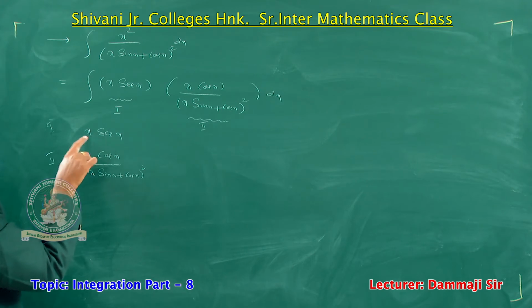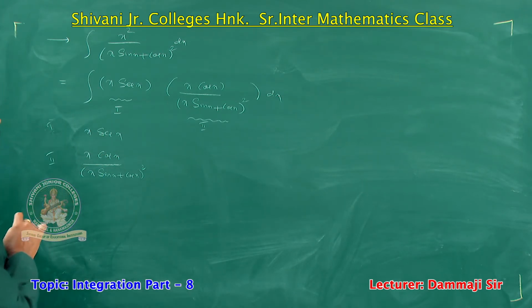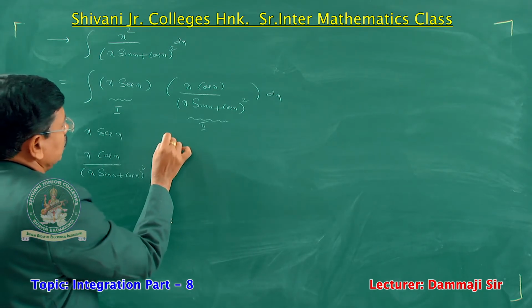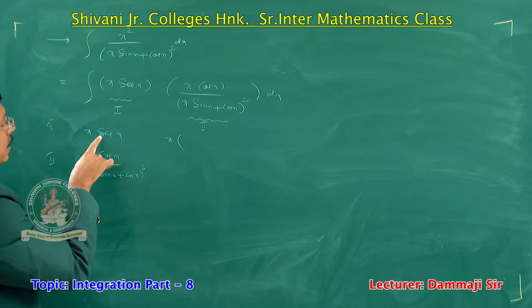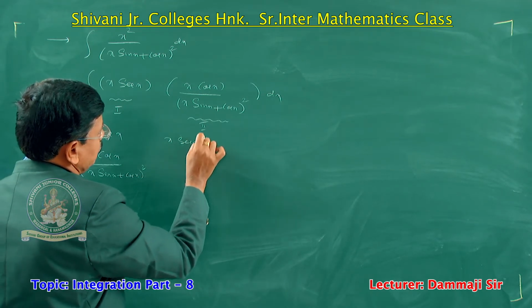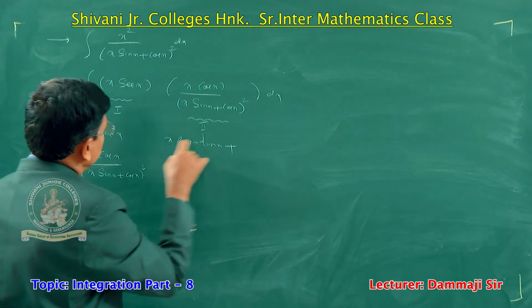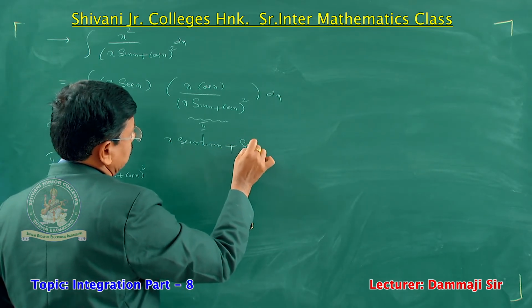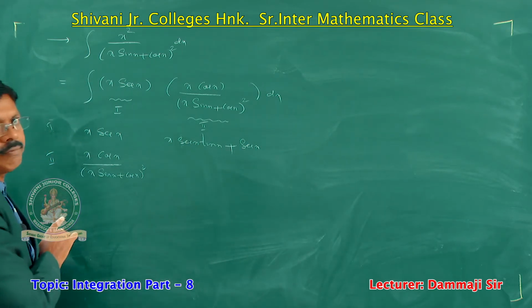What about the next result? The derivative of x secant x is nothing but, just keep x here only, x of secant x, result secant x tan x plus secant x. Derivative of x is 1, fine.